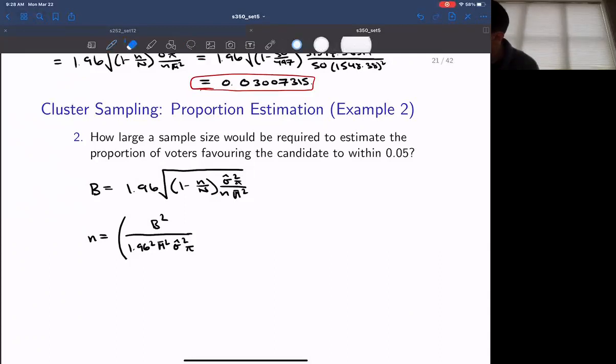Actually, sorry, let's just take a look at this for a second. You'd have m bar squared, that's definitely there.